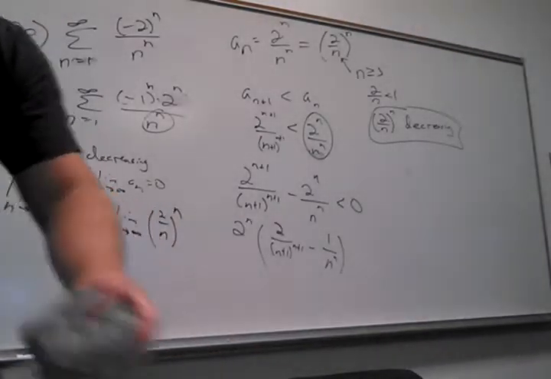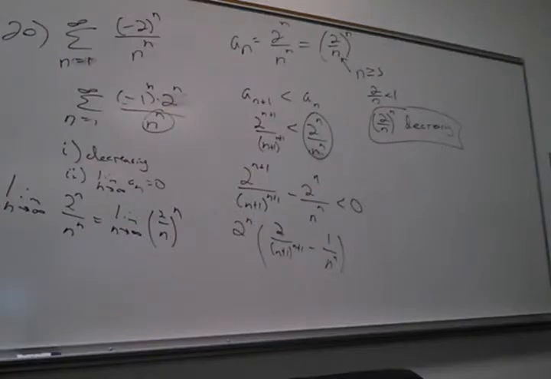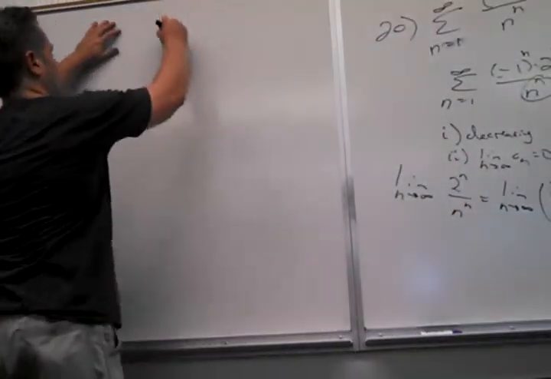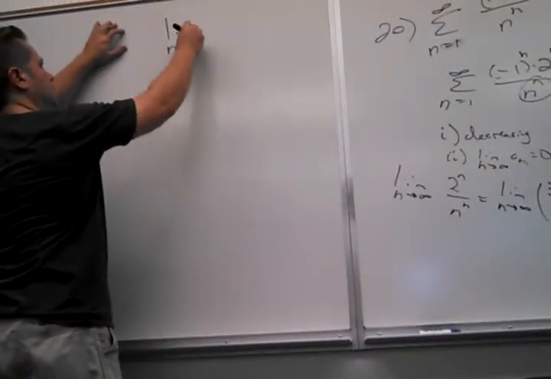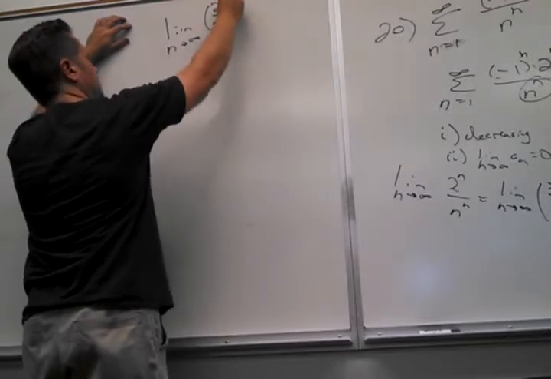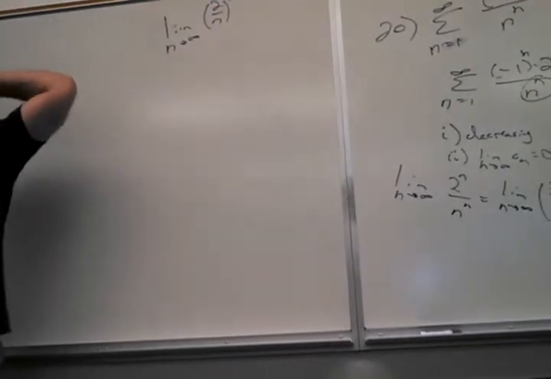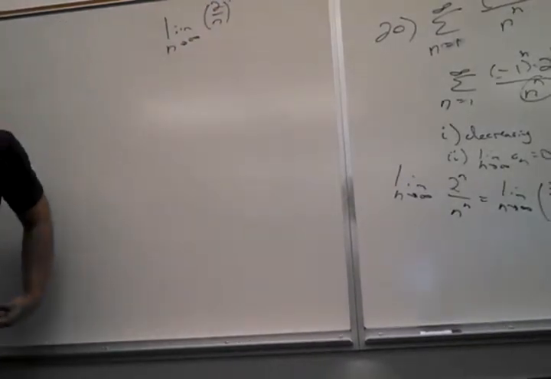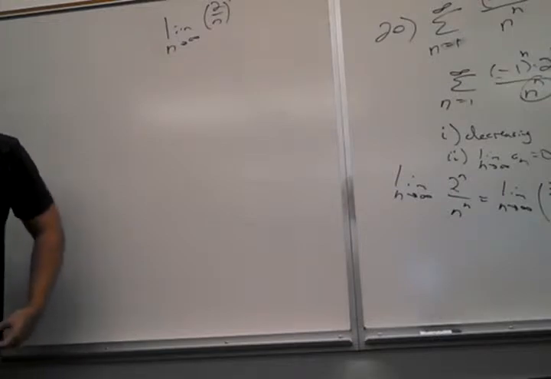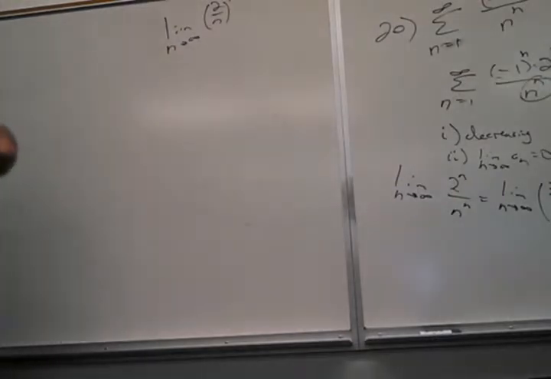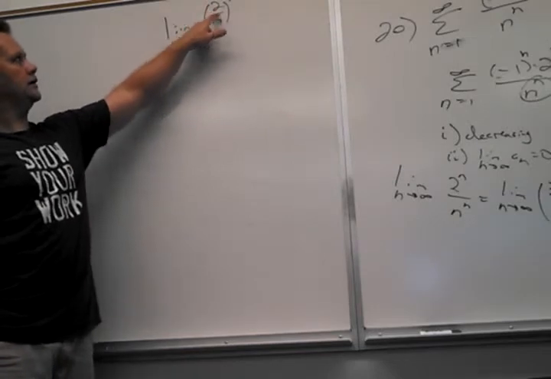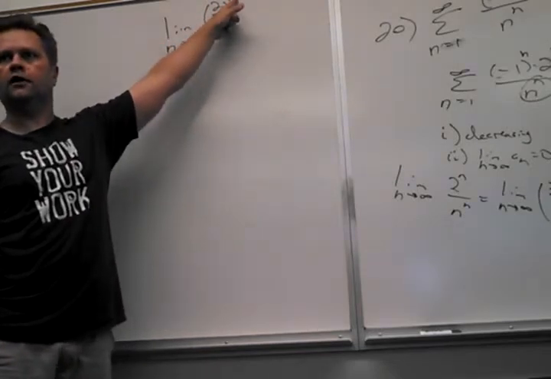now if you really, really wanted to show it fully technically, does anybody remember how you could do that? What's really bad about this limit? Why is it a little weird? Well, it's going to be like 0 to the infinity.